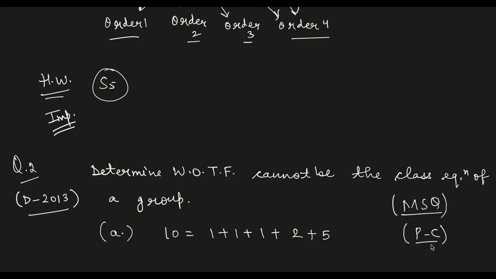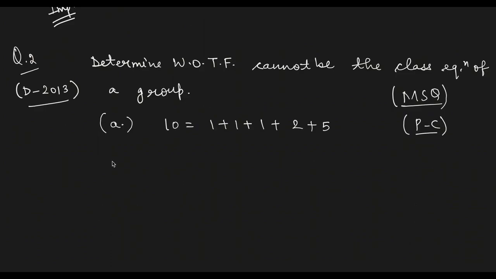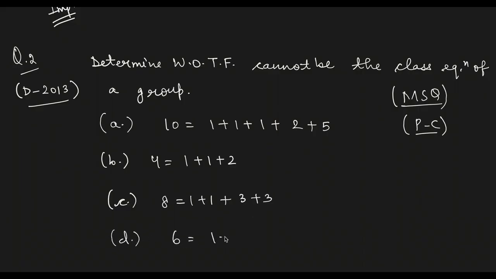Part A: 10 = 1 + 1 + 1 + 2 + 5. Part B: 4 = 1 + 1 + 2. Part C: 8 = 1 + 1 + 3 + 3. Part D: 6 = 1 + 2 + 3.